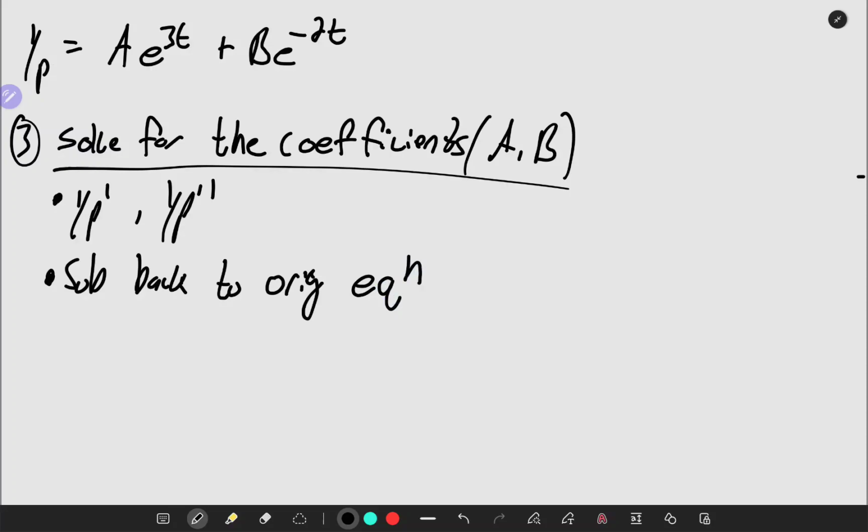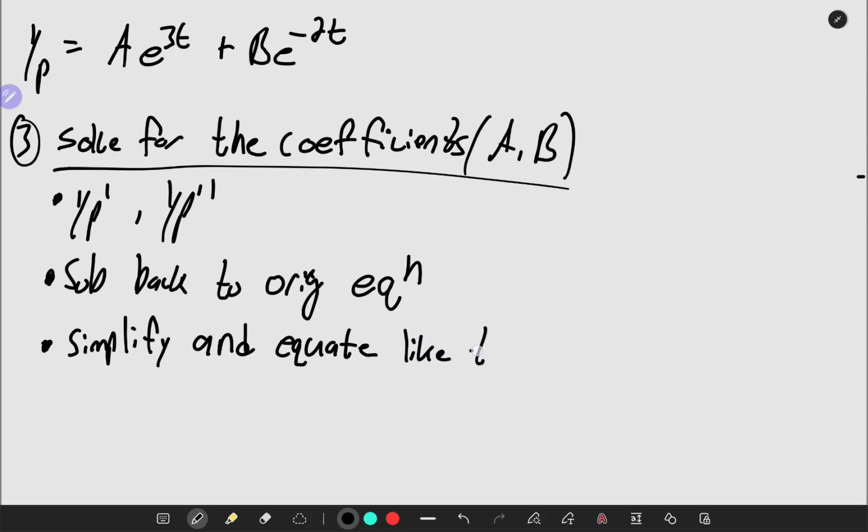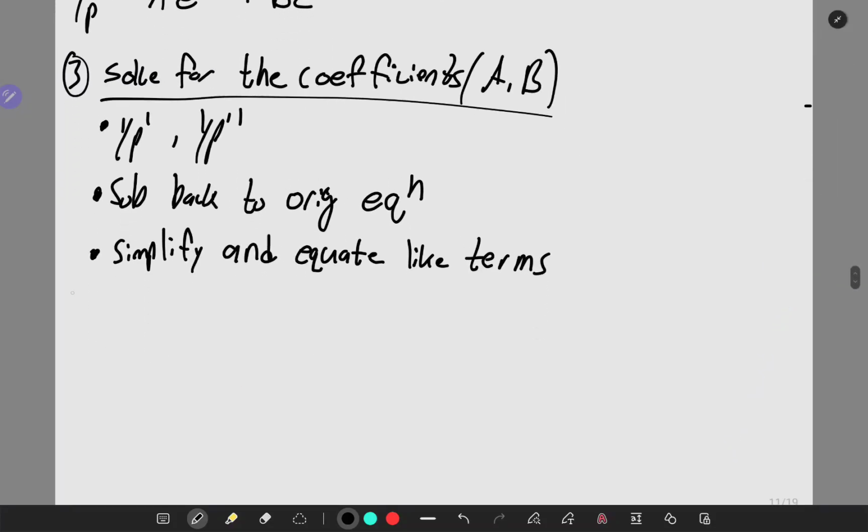So back to the original equation, and then simplify and equate like terms.